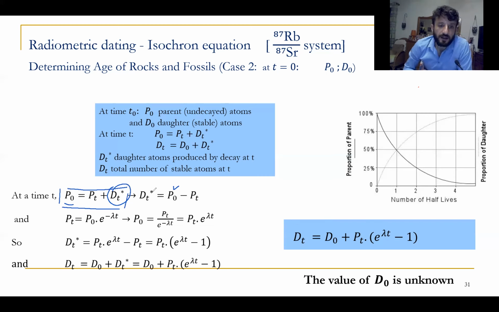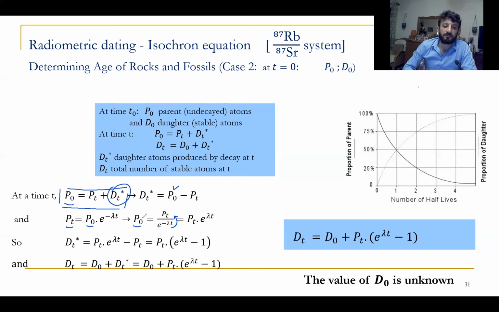Anyway, for P0, we can take the decay law. Pt equals P0 exponential minus lambda t. P0 equals Pt divided by exponential minus lambda t. We can put the exponential up and change the sign to get finally P0 equals Pt exponential lambda t.